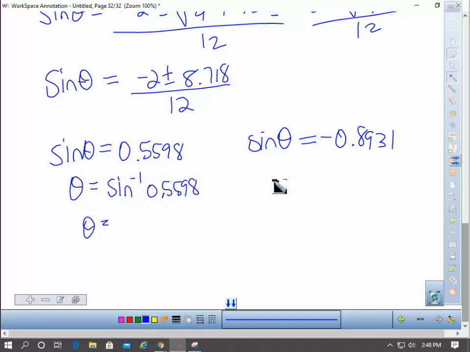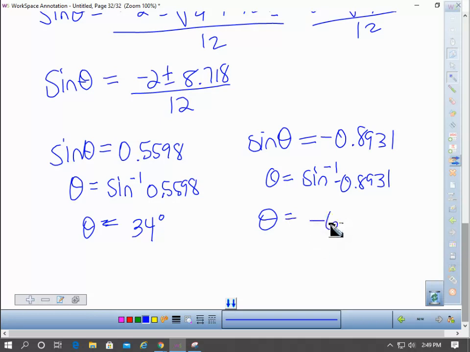And over here, theta is the inverse sine of negative 0.8931. Obviously, this is a calculator-rich problem. So we're doing inverse sine, so that's second sine, and then you're putting in 0.5598, and that's giving me 34. And then over here, you're putting in inverse sine, so second sine, negative 0.8931, and that's giving me negative 63 degrees.